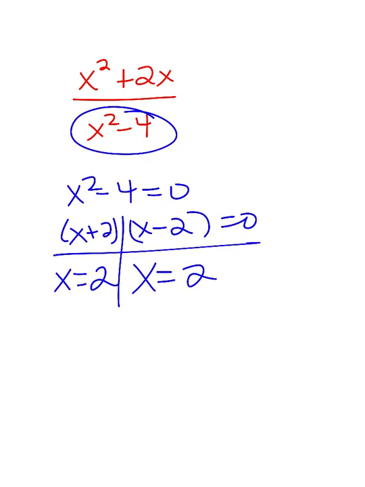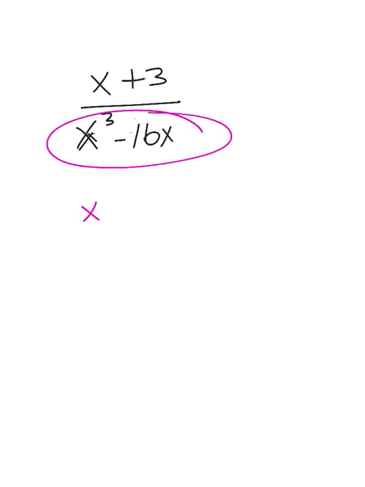Okay, so let's take a look at letter C. So we have x plus 3 over x squared minus x cubed, x cubed minus 16x. Again, set the denominator equal to 0.